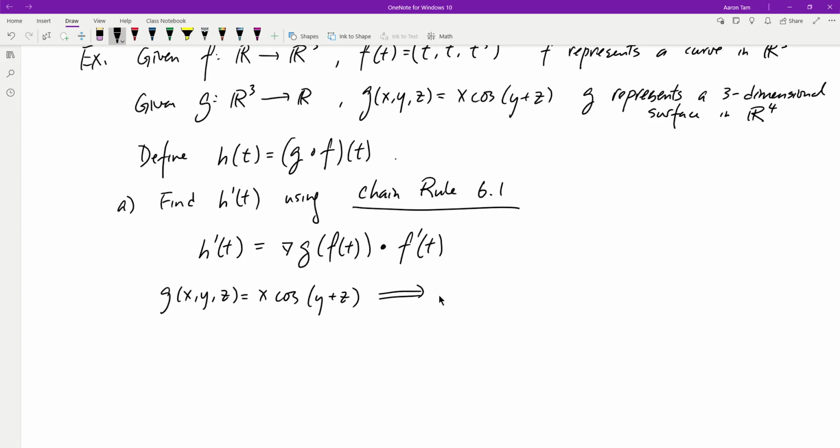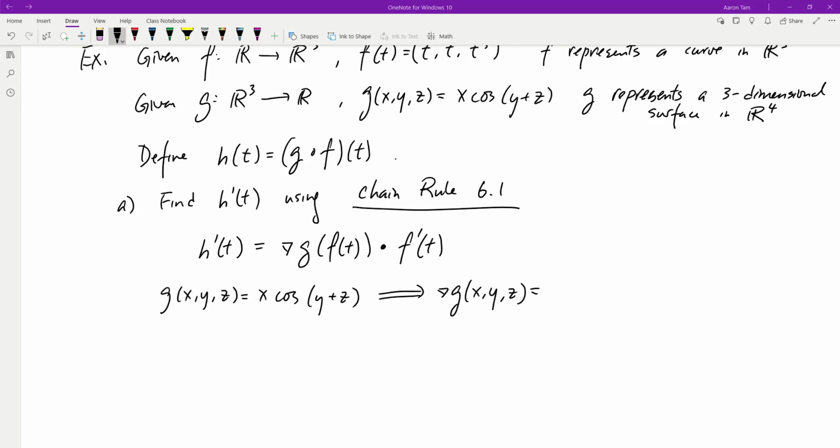So what is the gradient of g of x, y, z going to be? Once again, I'm going to ask you to pause the video and try to figure out what the gradient is. Once you're done, you can unpause the video so we can continue. So what is the gradient of g in this case?